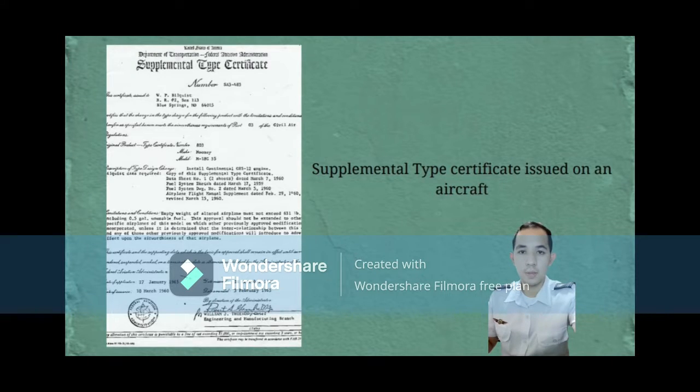Presented in my presentation is a picture of a 1960s FAA document that has a supplemental type certificate issued on a light aircraft. The content is that they are to install a new Continental engine C85-12 with a renewed fuel system.